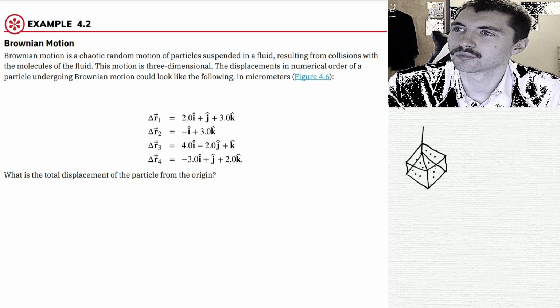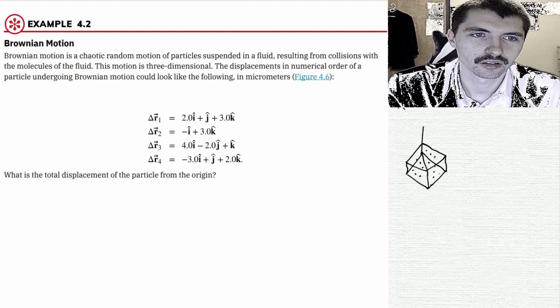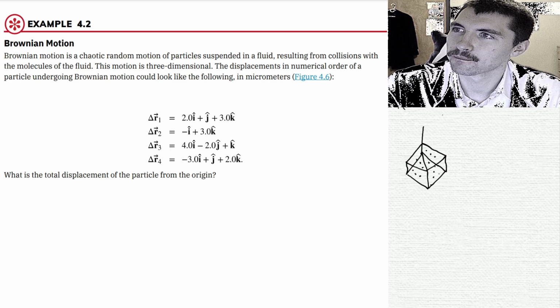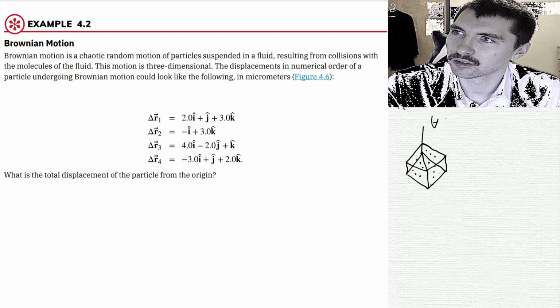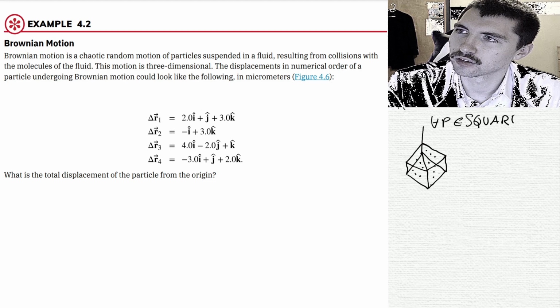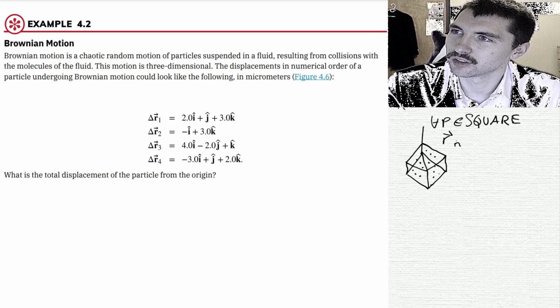Okay. So they're moving. So each particle, P1. So for all Pn in the square, there is a vector function R of n.